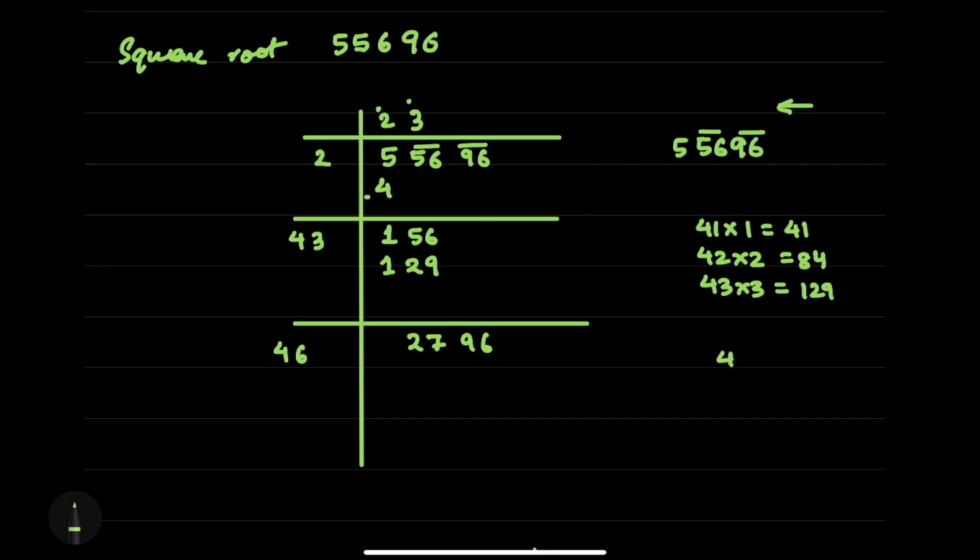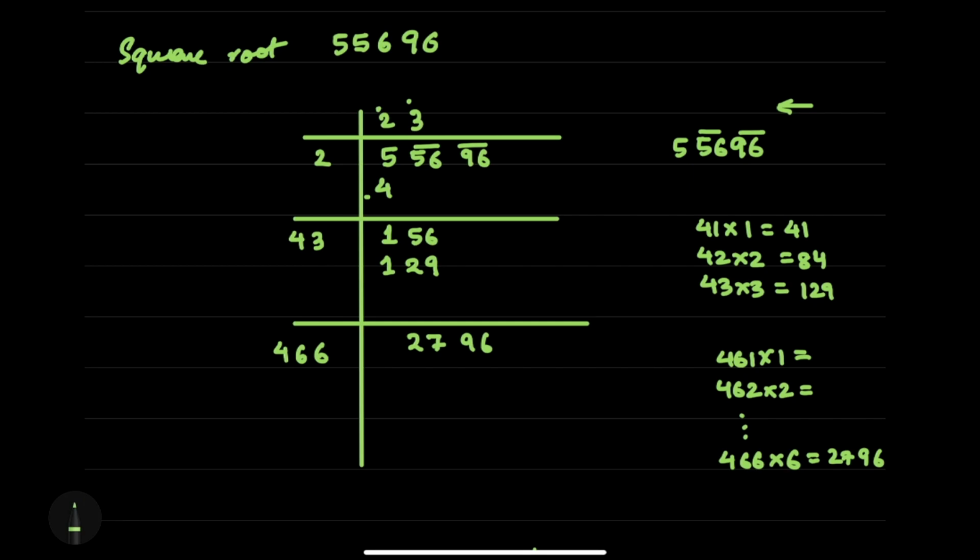So we'll do it again: 461 into 1, 462 into 2, and so on. And we find through a lot of computation that 466 into 6 is equal to 2796. That is exactly that number.